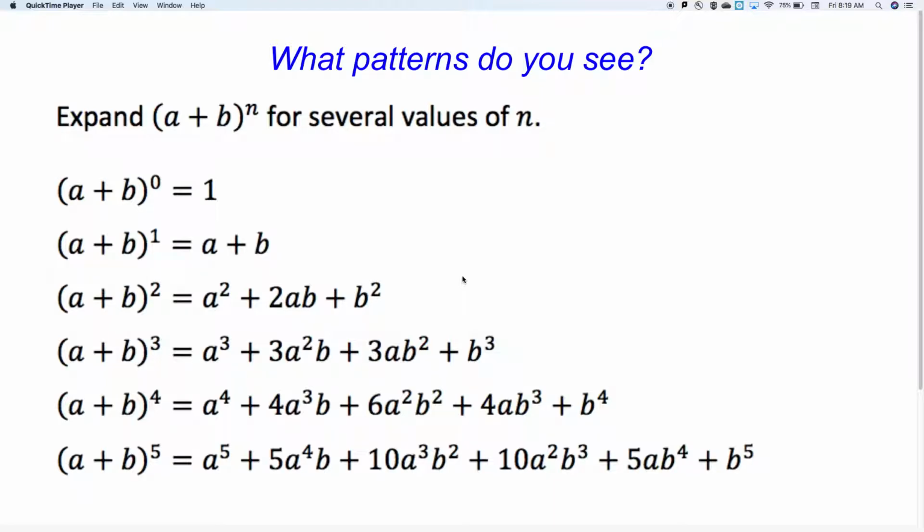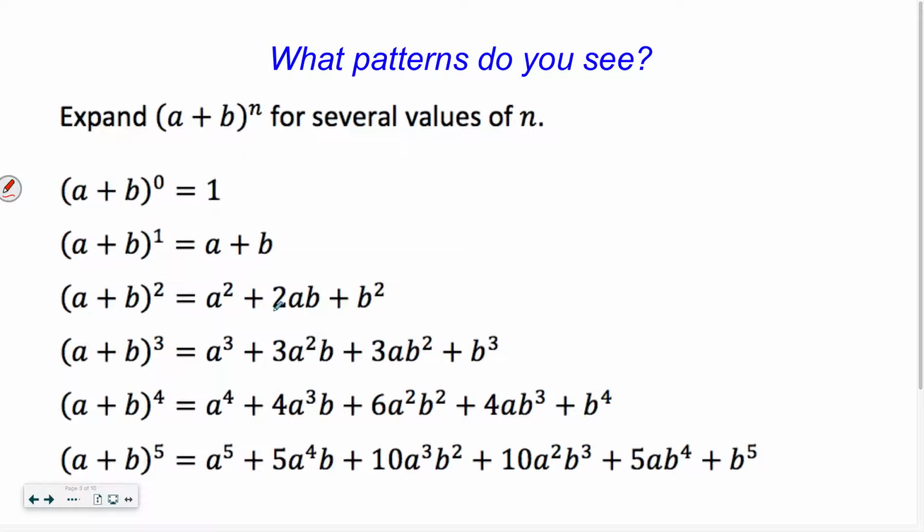Well, with the 1 and then the A and the B, they don't necessarily equal 1, but they're going down, and then in the middle they're multiplied times 2, so it's A2B, A3B3, A4B6B. So on the outside of the triangle, the ones, you put A on one side and then B on the other, and then in the middle you still have the coefficient. Yes. The coefficient equals the numbers inside of Pascal's triangle.